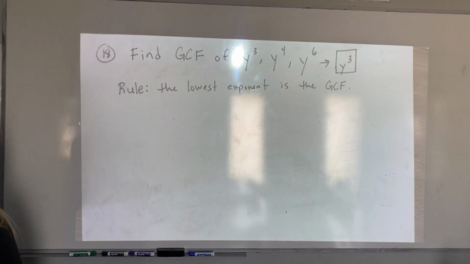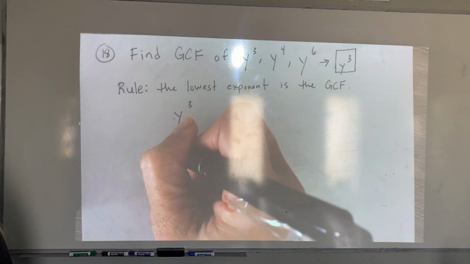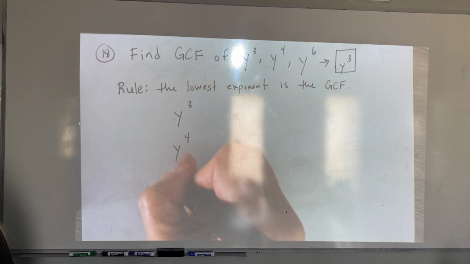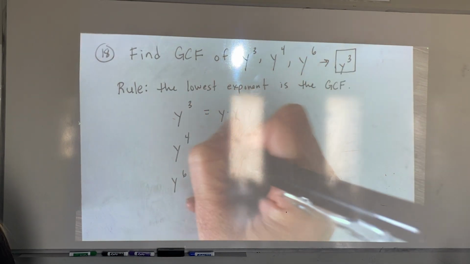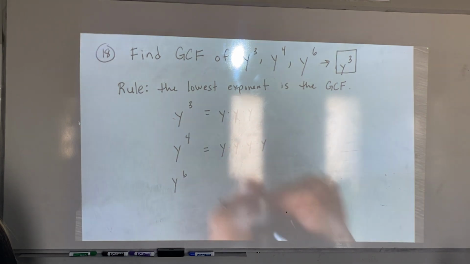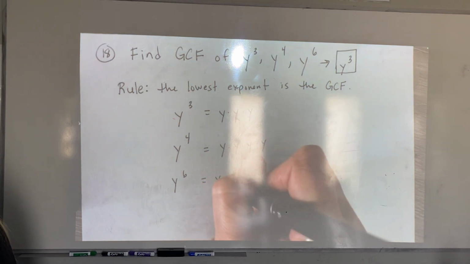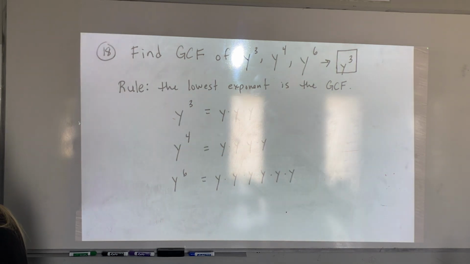It means that the GCF is y to the third. And I'll show it now. Y to the third, y to the fourth, and y to the sixth. It would be y times y times y, y times y times y times y, and this would be y times y times y times y times y times y.